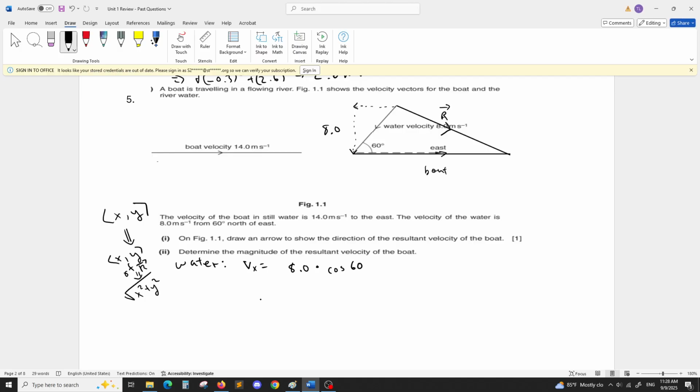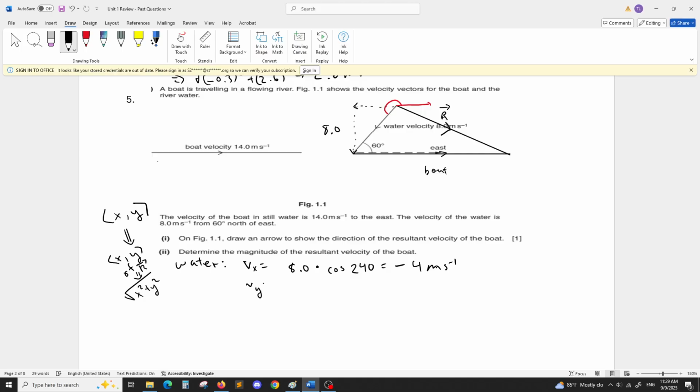In reality, I believe it should be 240, because if this is our xy plane, the angle is actually this. And this just means that our component is equal to negative 4 meters per second.